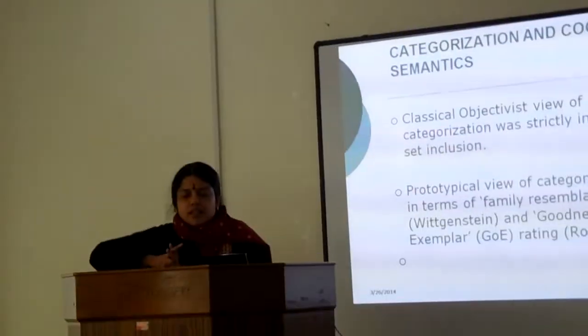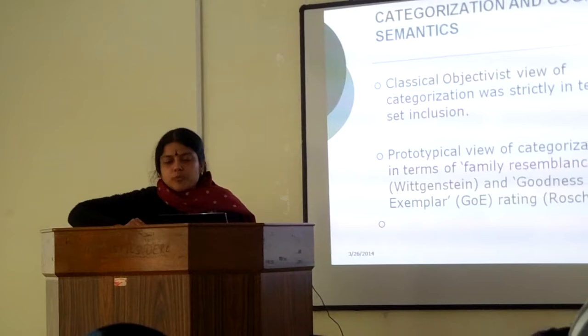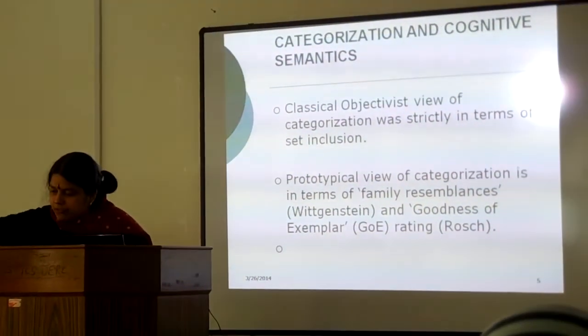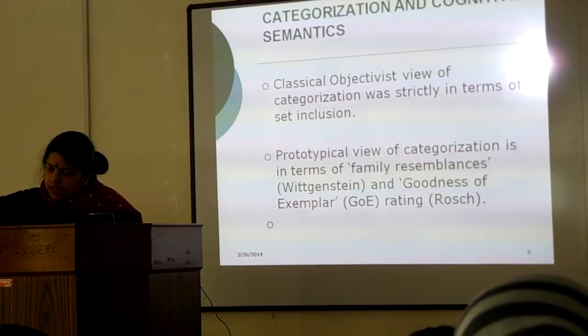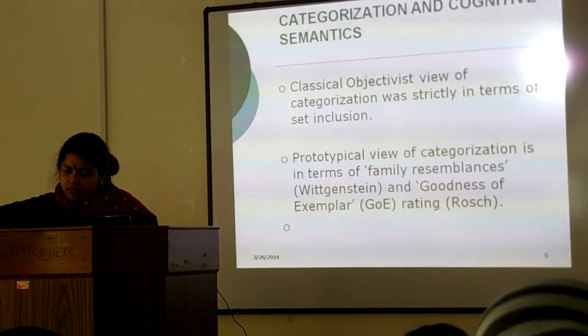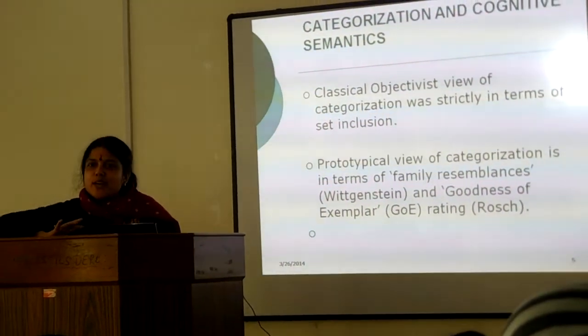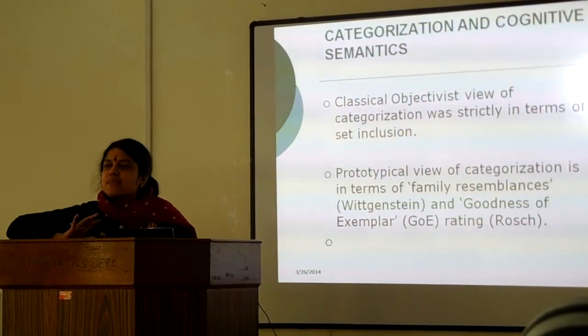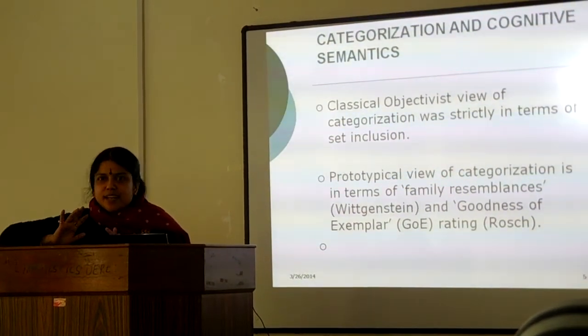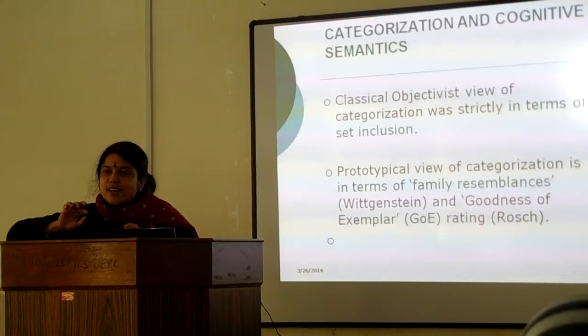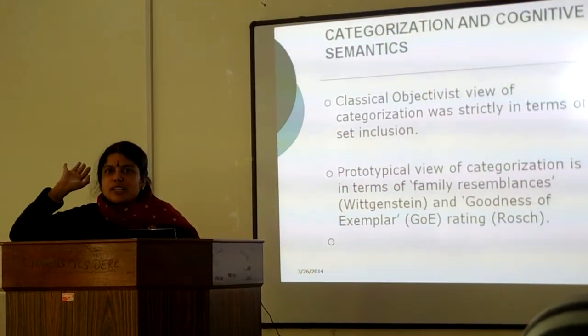Now, as I said, when I'm talking about polysemy, I am taking this cognitive semantics point of view. Maybe for a little time I will go fast, but may I know, is there anyone in the group who knows about cognitive linguistics?